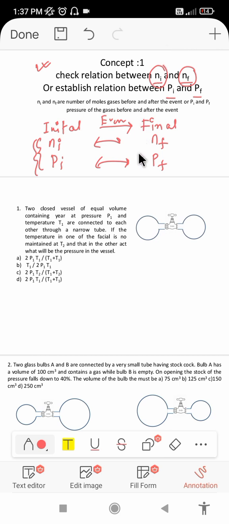But for exam strategy, I always suggest students focus on the number of moles initial and final, and pressure initial and final, to solve the ideal gas equation. But you are always free to choose.